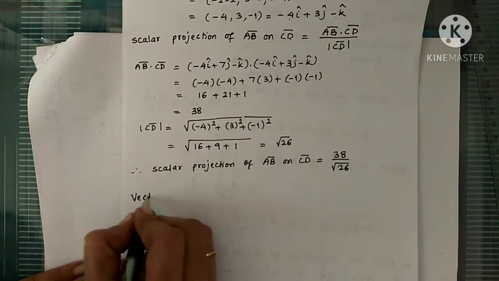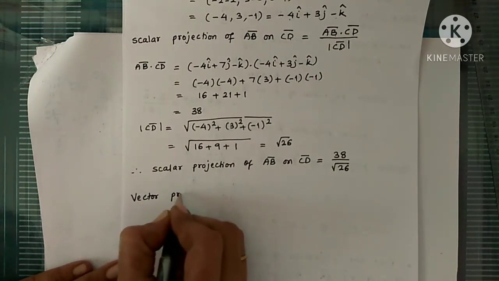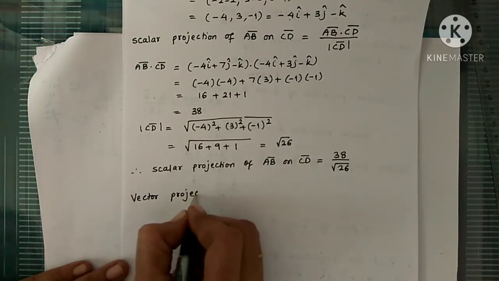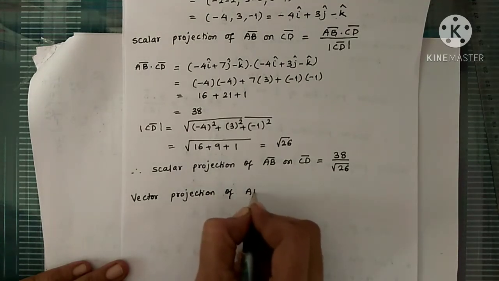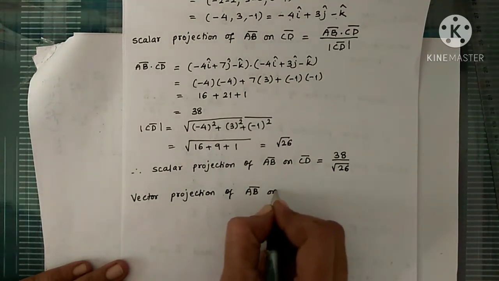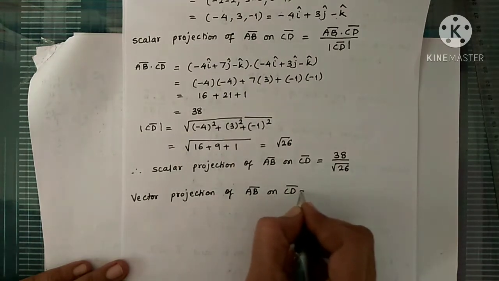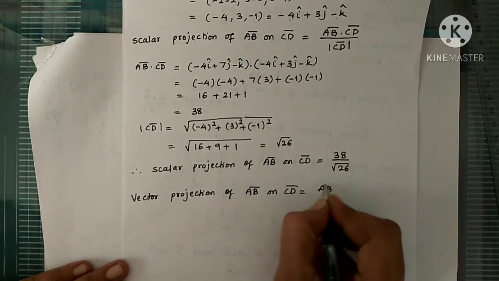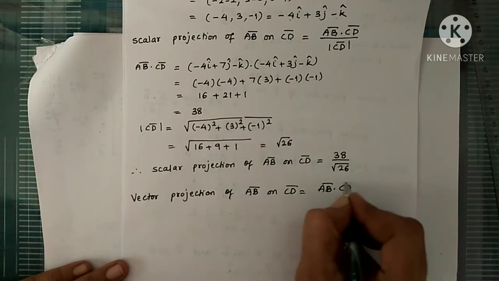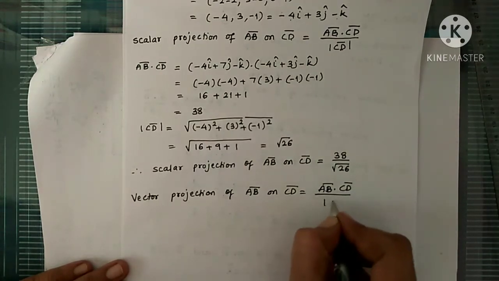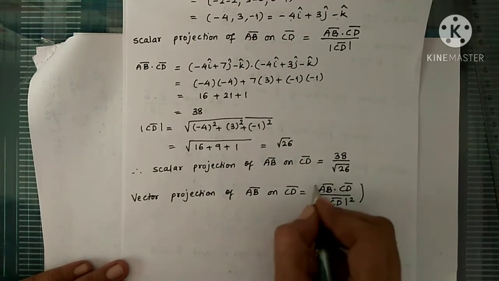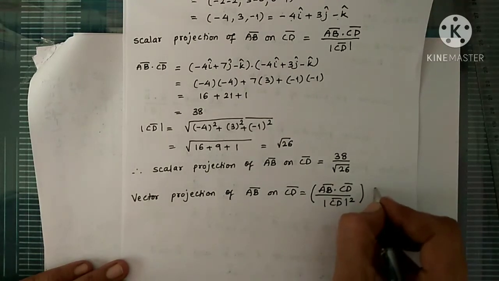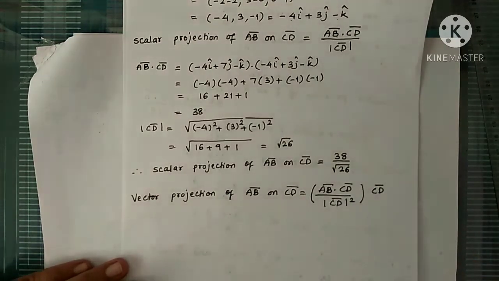Now let's write vector projection. Vector projection of AB bar on CD bar equal to AB bar dot CD bar upon modulus of CD bar square, and as it is on CD bar, here we have to write CD bar.